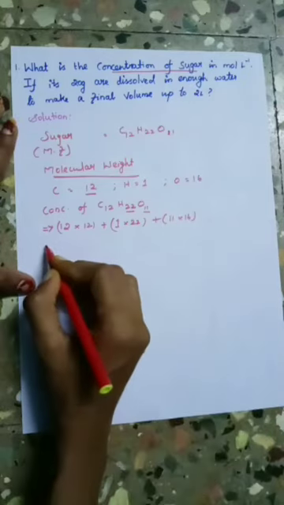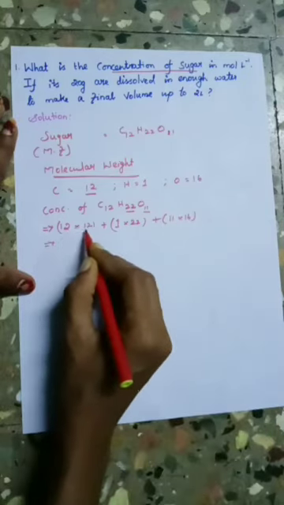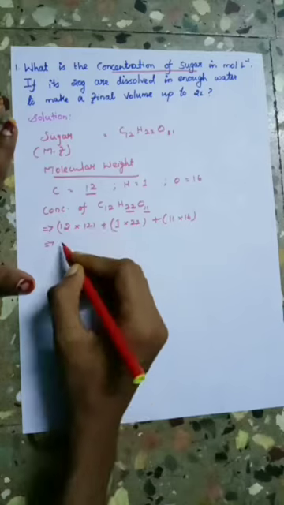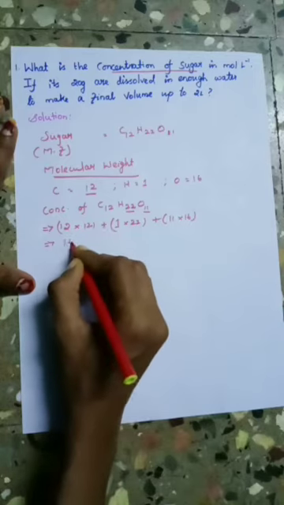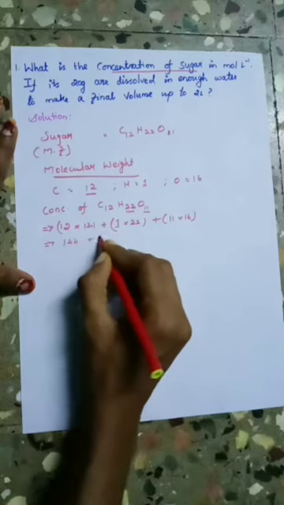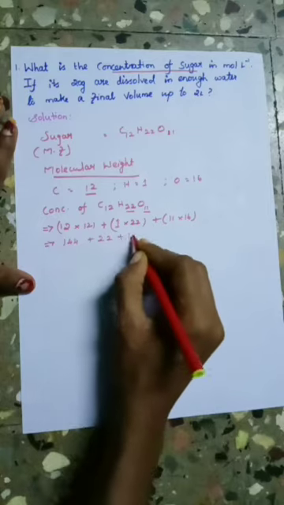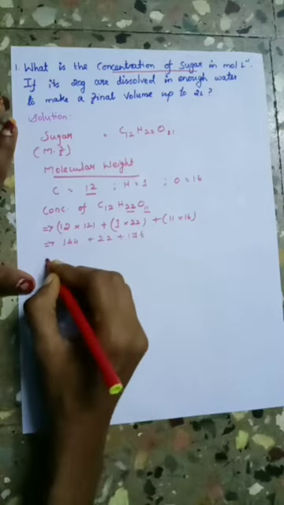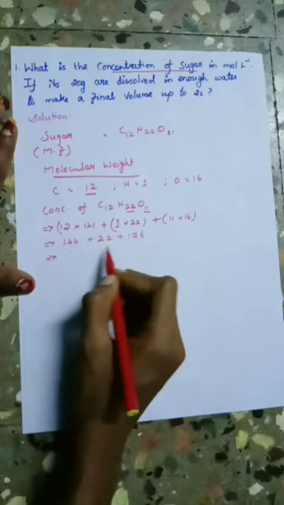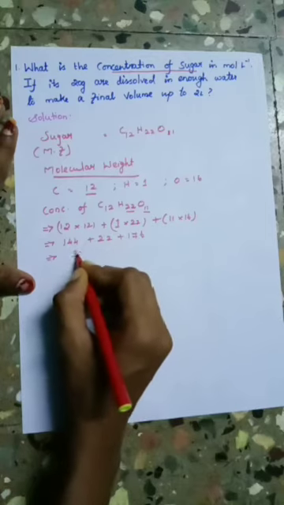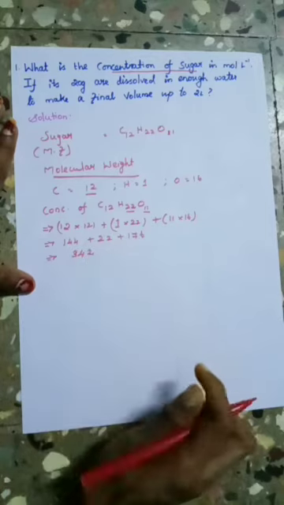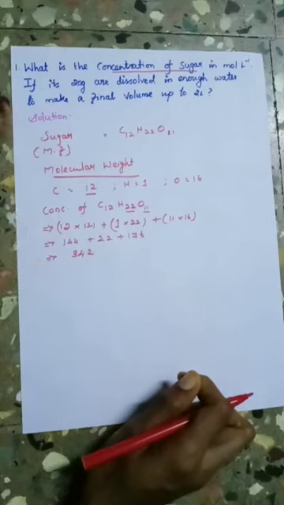Now we have to multiply and add the given values: 144 plus 22 plus 176. When we add these three values, we get 344.